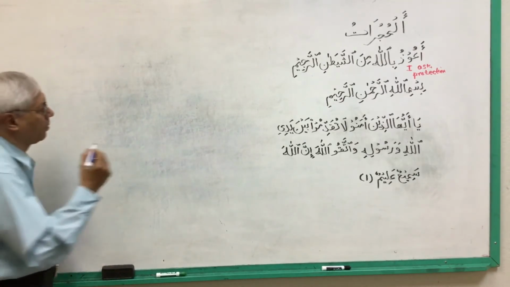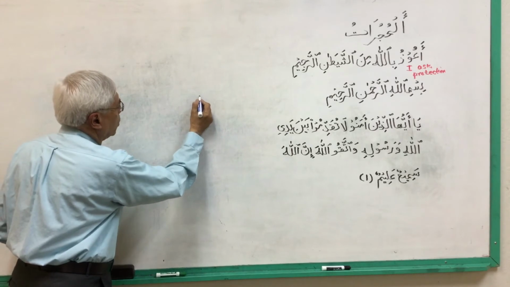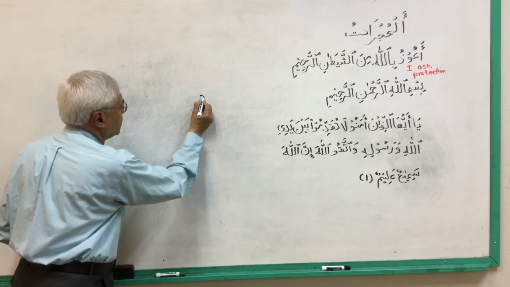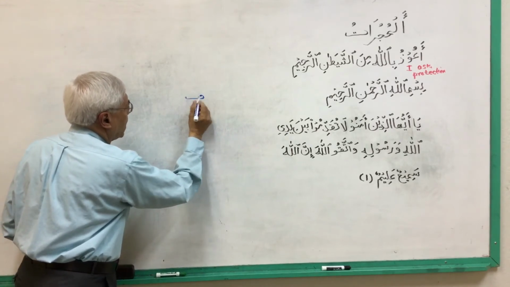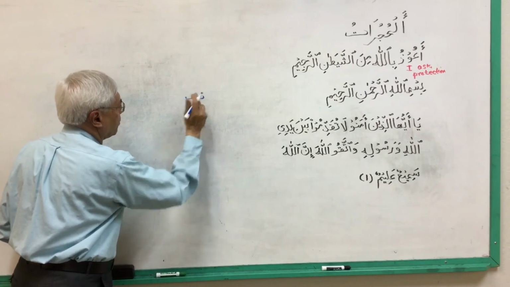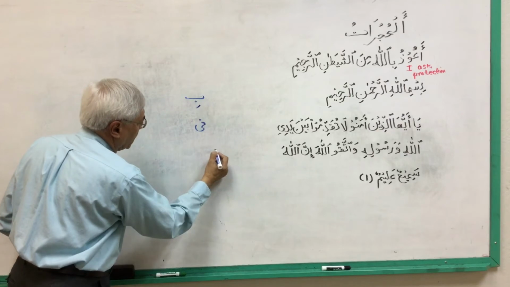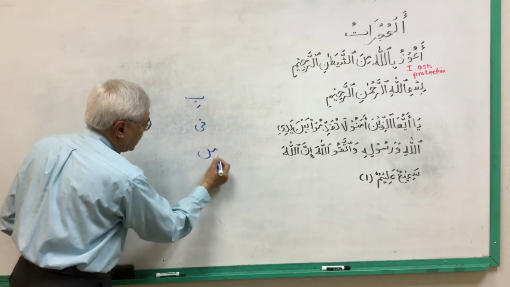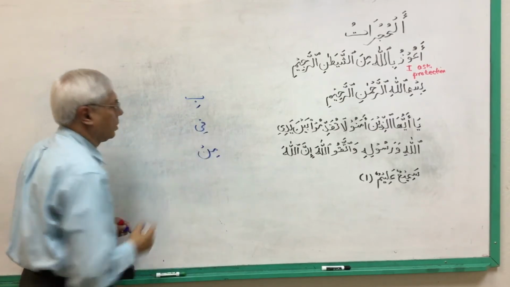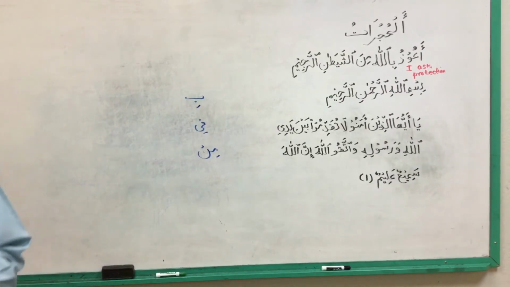So there are some words in Arabic, and we'll start with ba with a kasra. Did you feel that? For example, bi, fi, min, and there are about 11 of those. I'm just going to take 3 of those to make it simple.